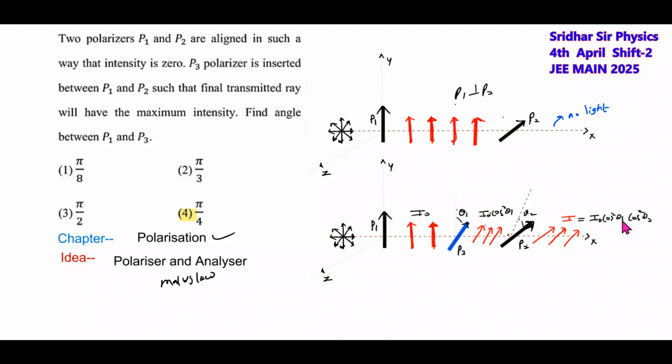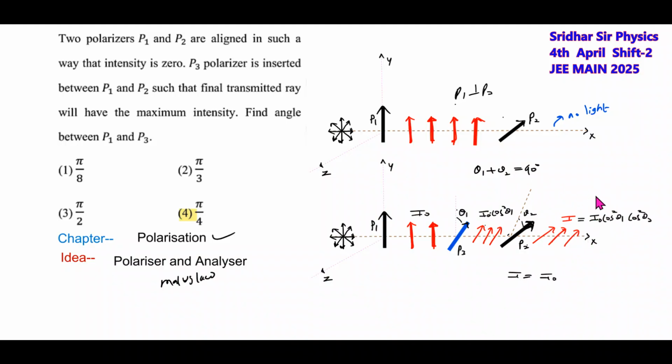Fine. Next, theta 1 plus theta 2 should be equal to 90 degree, because P1 and P2 are perpendicular. And this should be the maximum. Maximum should be equal to I naught, I equal to I naught.